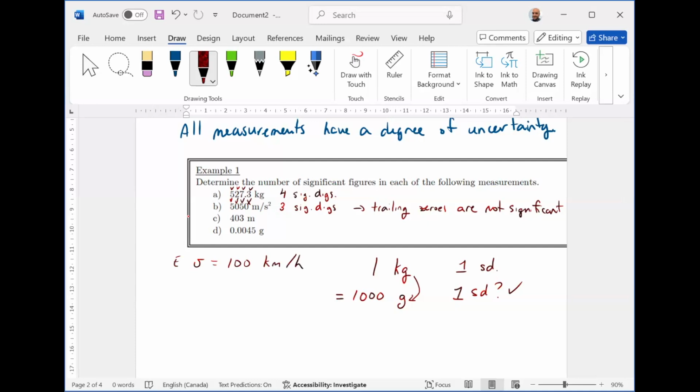This is not going to be very useful for us to only have one significant digit, because any math we do, we're going to round to one significant digit, and our answer isn't going to be particularly useful because it's going to be so far away from what the real answer is.